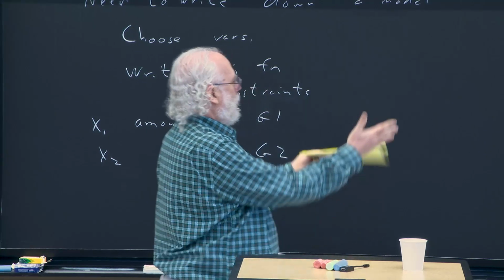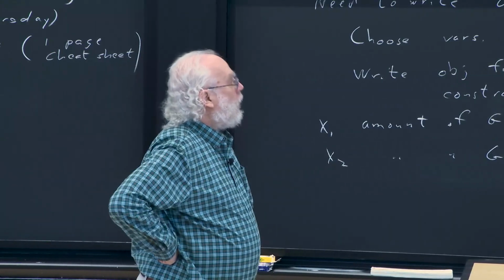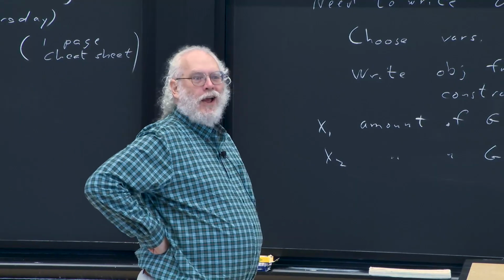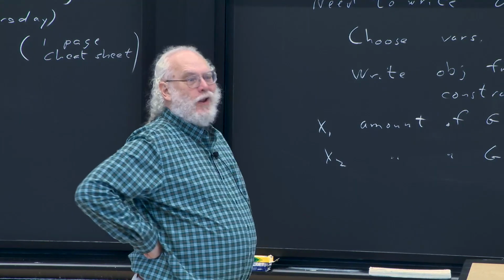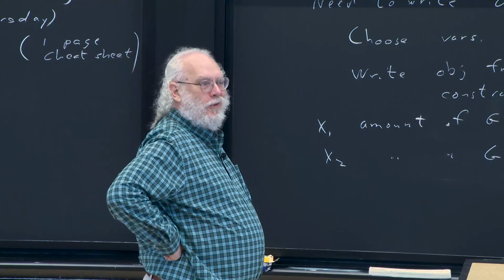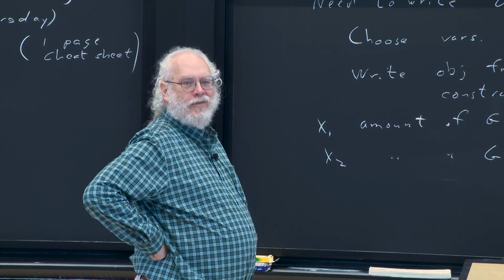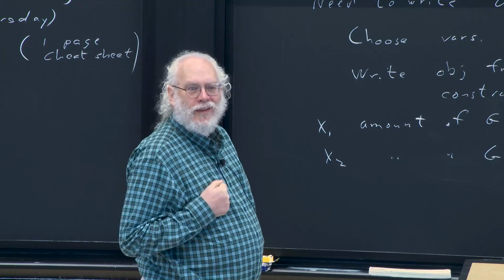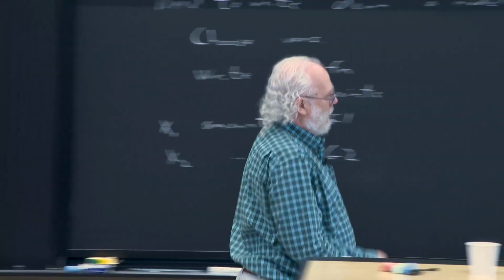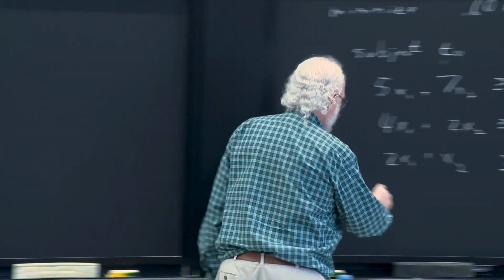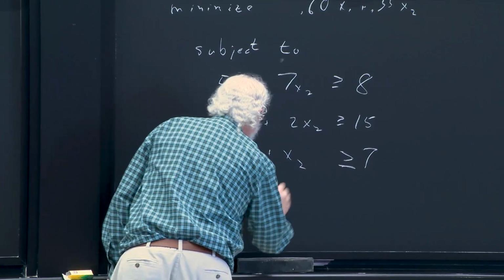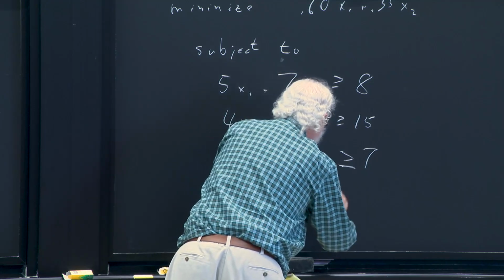Oh, wait. I just realized there are 2 constraints I did not write down. Can anybody tell me what they are? Yes, non-negativity. So x1 is greater than or equal to 0, and x2 is greater than or equal to 0.